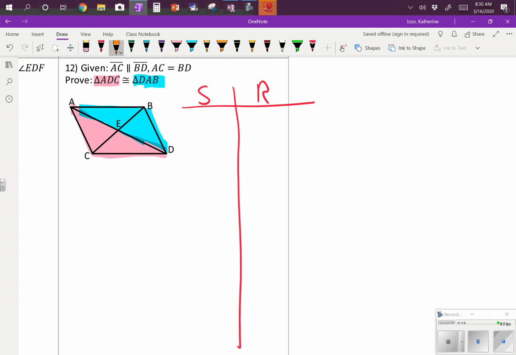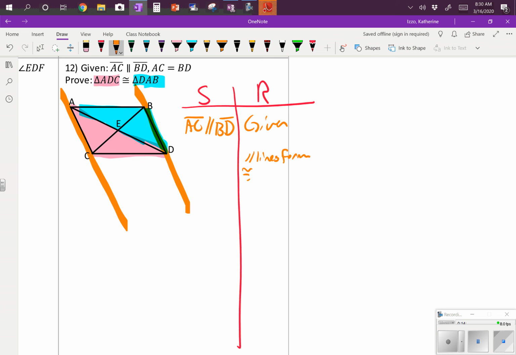First thing that we do, givens. AC parallel to BD, given. AC is right here. BD is right there. Now, unlike the last page, you can't just say definition of parallel. You have to say parallel lines form congruent something on the transversal.